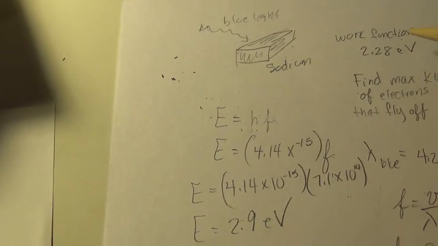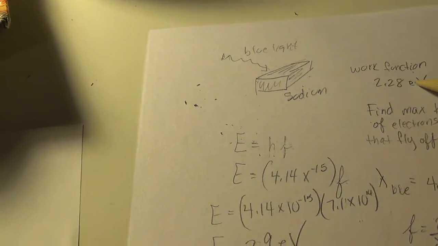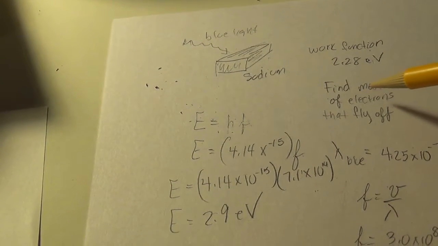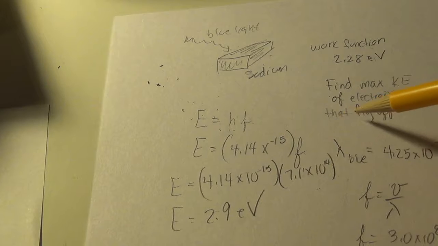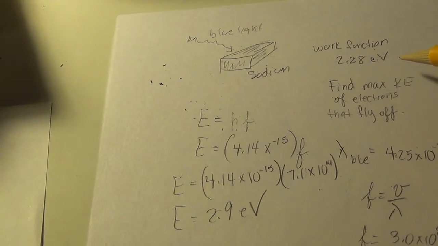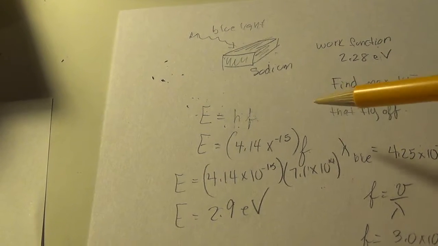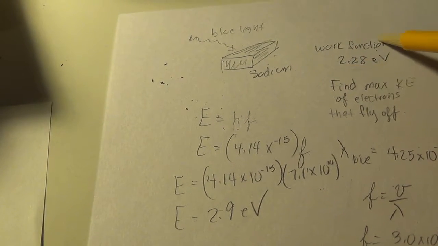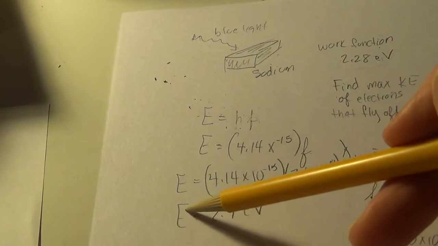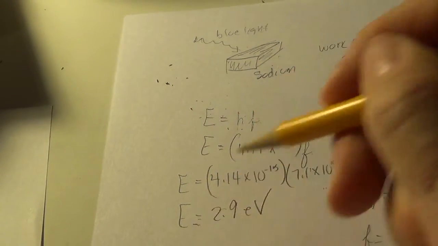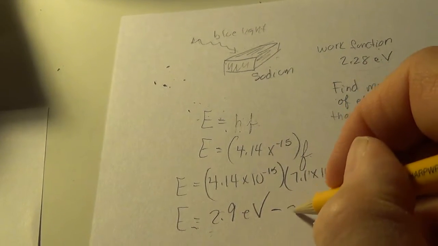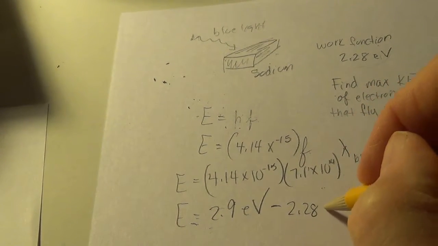What do you think I'm going to do with the work function of 2.28? And again, the question was find the max kinetic energy of the electrons that fly off. So what we know is this has to be overcome before any electron will fly off. So we're going to take the energy that the light brings and subtract from it the 2.28 eV.